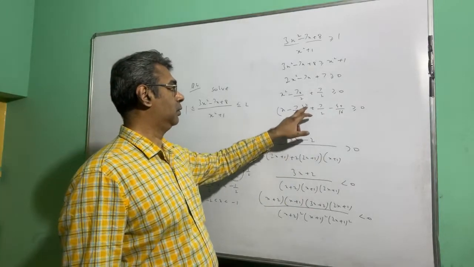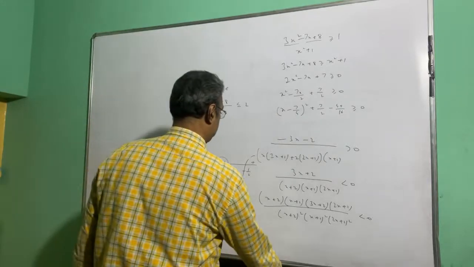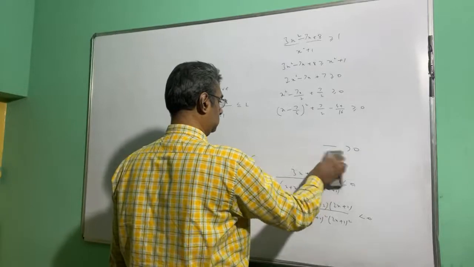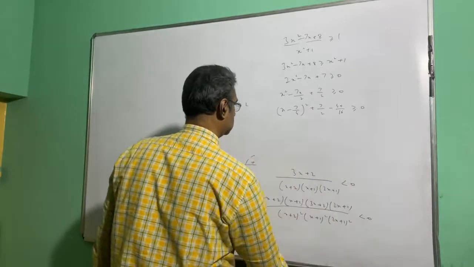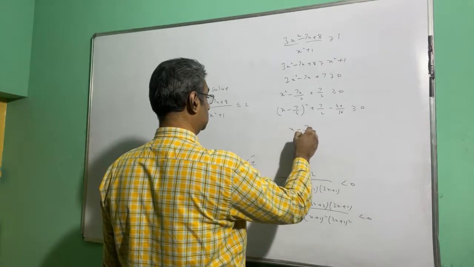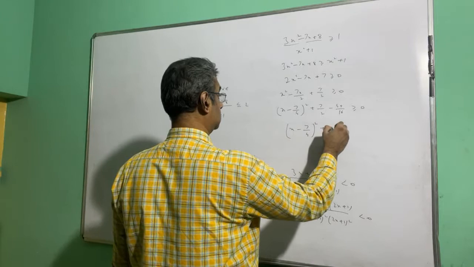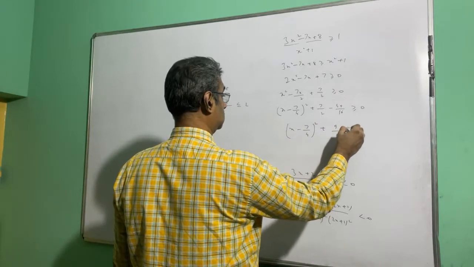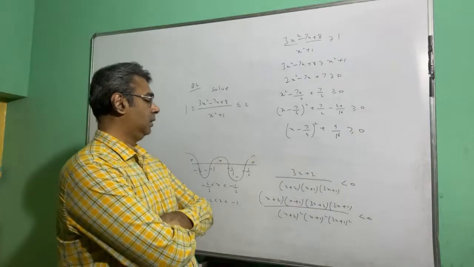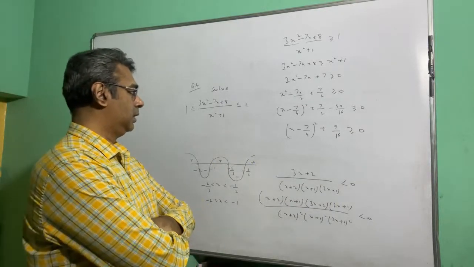So (x − 7/4)² + 9/16 is greater than or equal to 0.